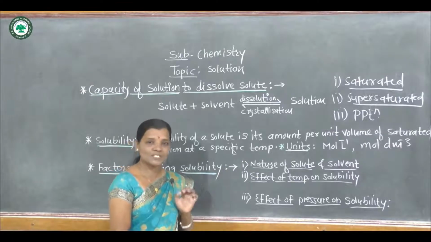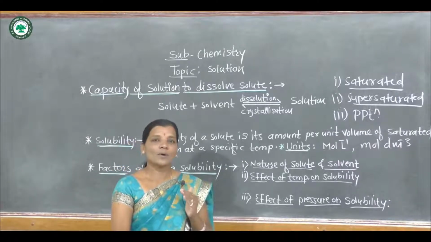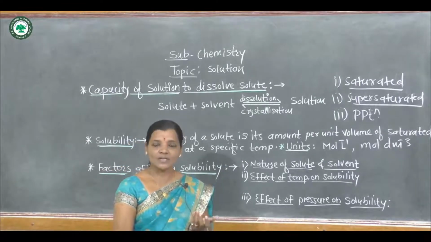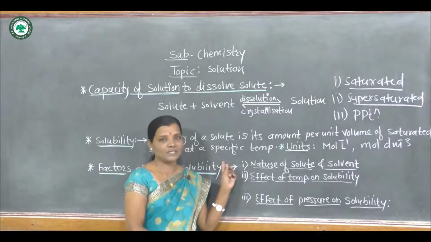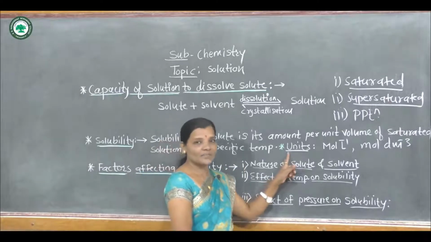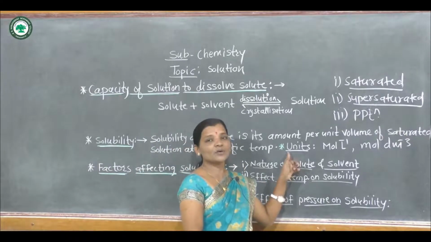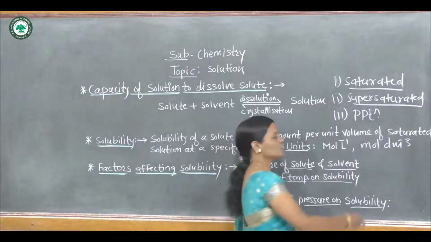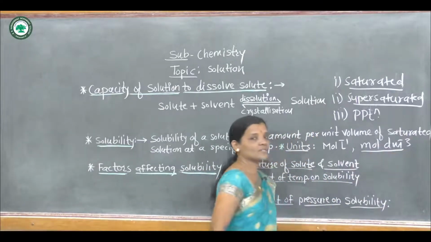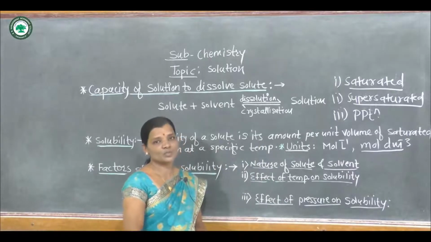That means at a specific temperature, whatever amount of solute is dissolved in the given solvent is called solubility. From the definition, the unit of solubility is mole per liter, or also mole per decimeter cube.